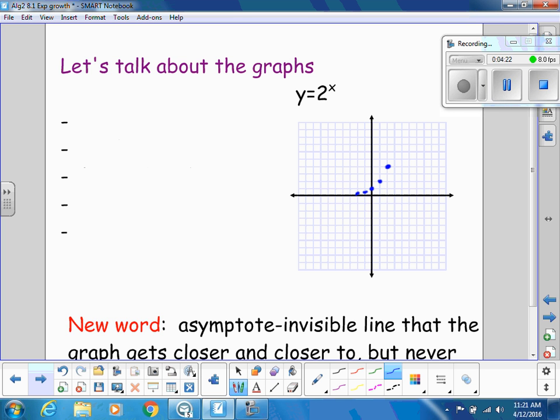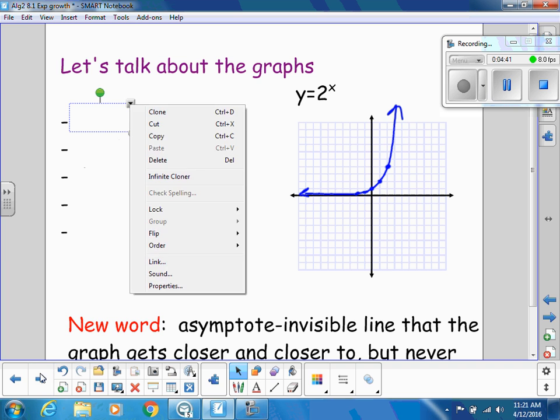Okay, so it looks like this. Notice that it's almost horizontal over here on the left side, and then it curves and turns really sharp. Okay, so let's talk about what we're going to see in these graphs.